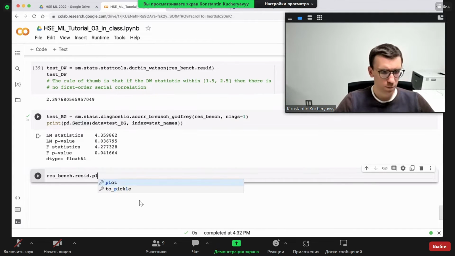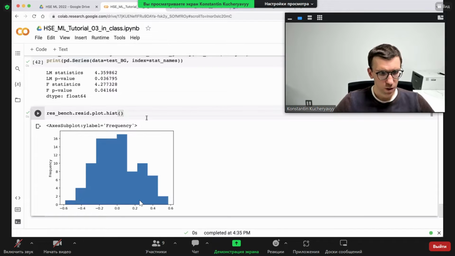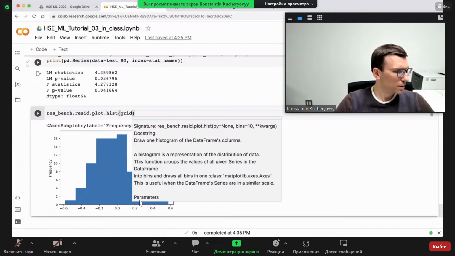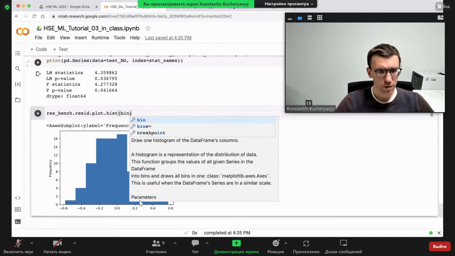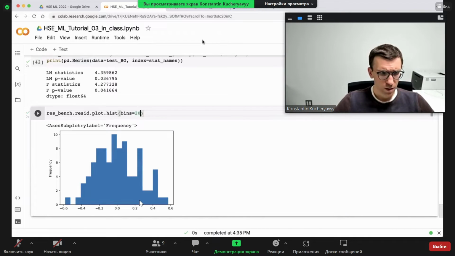Residuals plot, histogram. Let's add more bins.